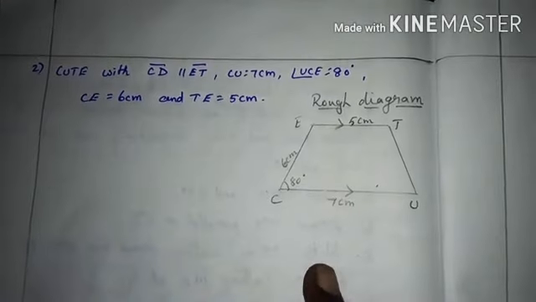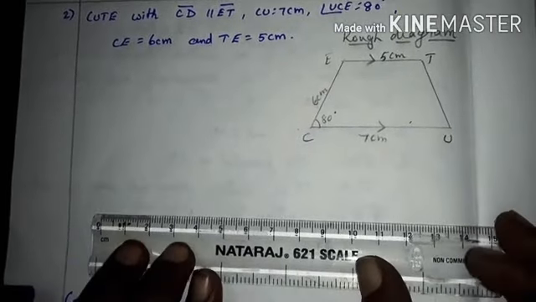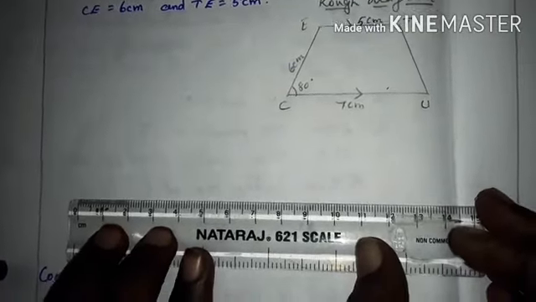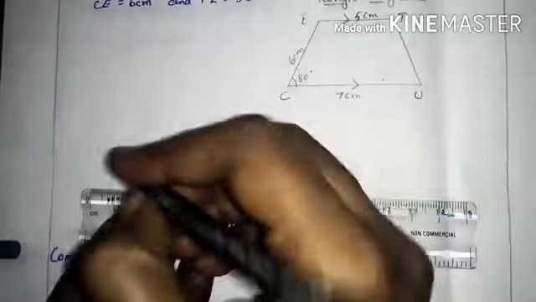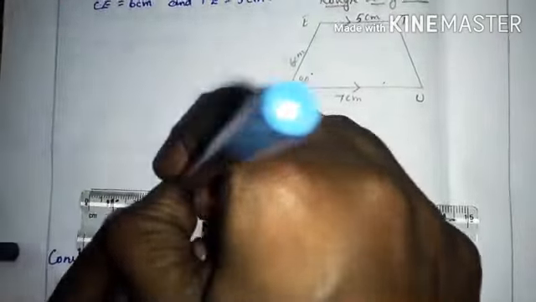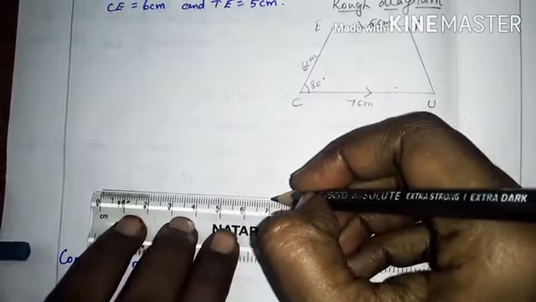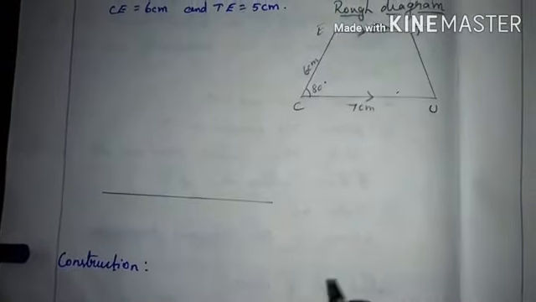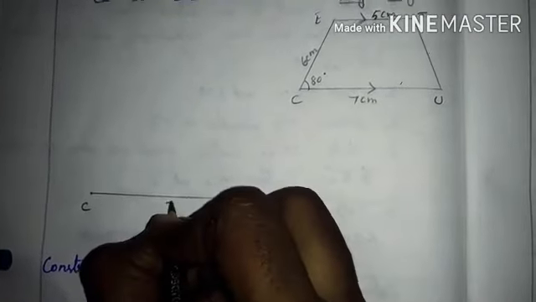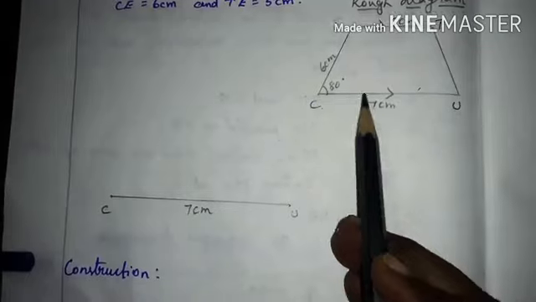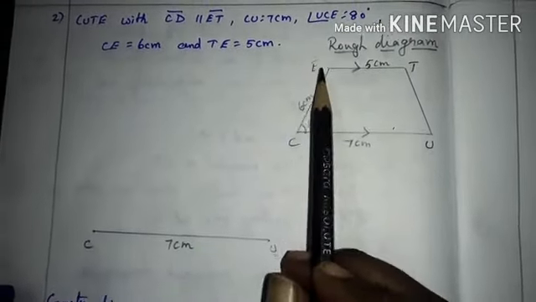After drawing the rough diagram, you have to construct the trapezium. For that, first you have to draw the base CU. CU is given as 7 centimeter, so we are drawing CU 7 centimeter. After drawing the base, the next measurement given is angle UCE 80 degree.